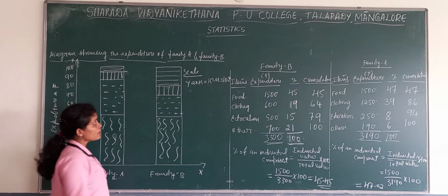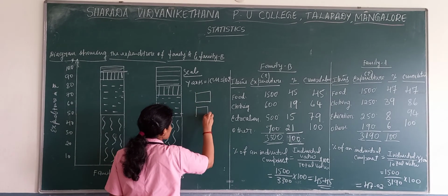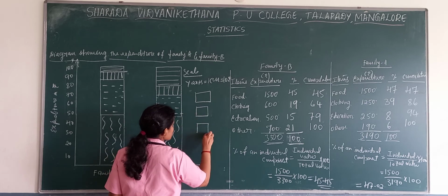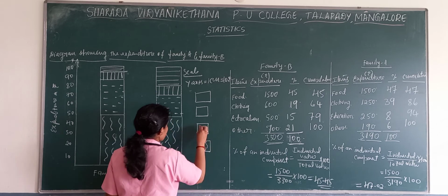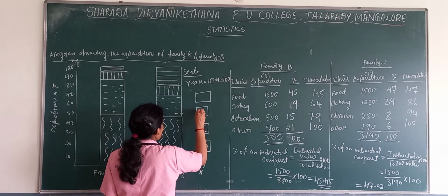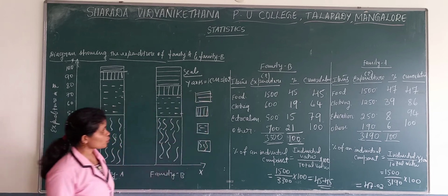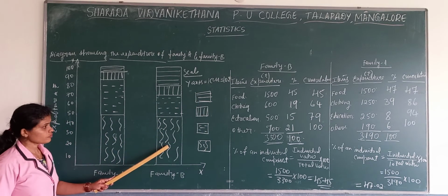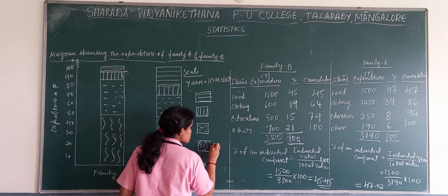Now prepare the index: first one, second one, third one, fourth one. Now, what did we locate first? First it is food. So this is food.